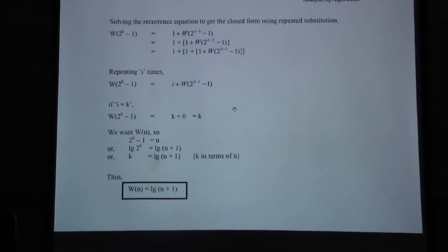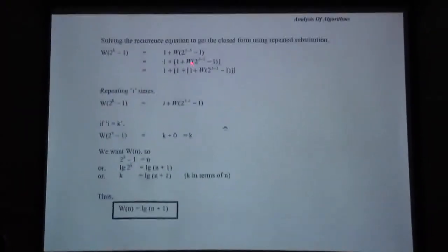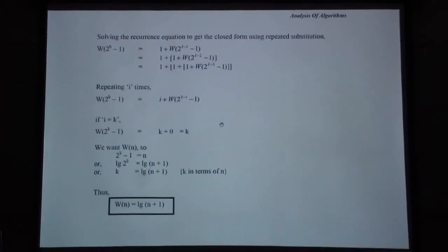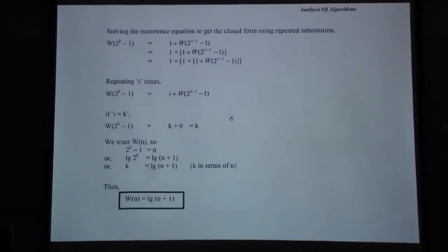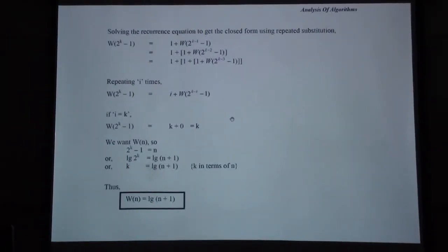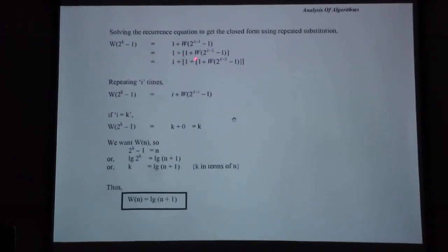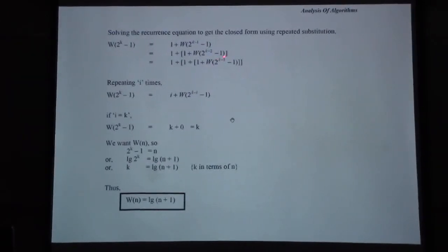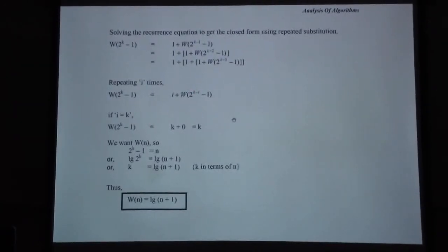So you see what we have: 1 plus 1 plus 1 plus this. So it's a very easy recurrence. When we do this i times, you can see we did it 3 times, we have 1 plus 1 plus 1. So when we do it i times, we're going to get i, plus w of 2 to the k minus i minus 1.